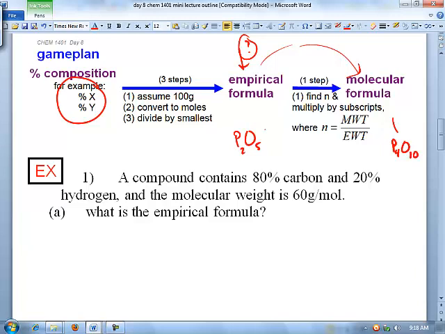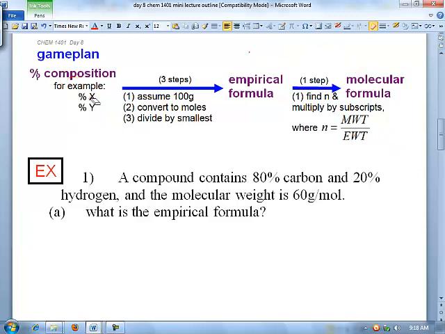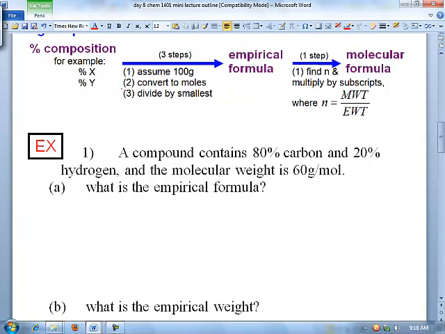That's the empirical formula. It's the simplest ratio. So our goal is to do these 3 steps, get the empirical formula, and then get the molecular formula, by following these little steps up here. So let's see if we can follow them. Let's get rid of all this stuff, clean it up, and just see if we can follow it.